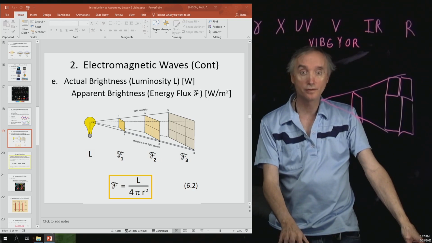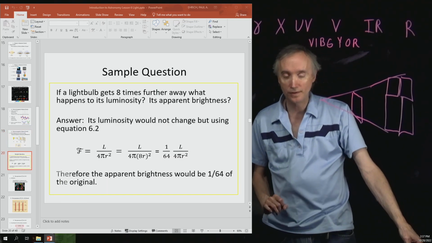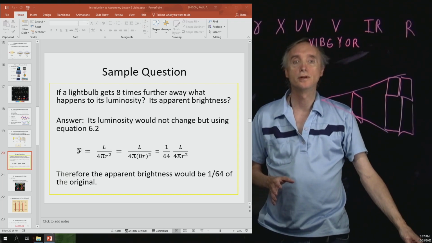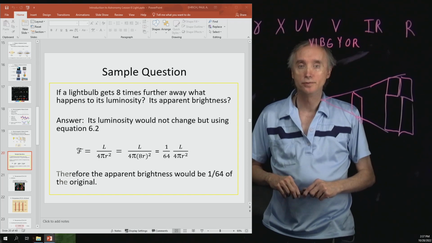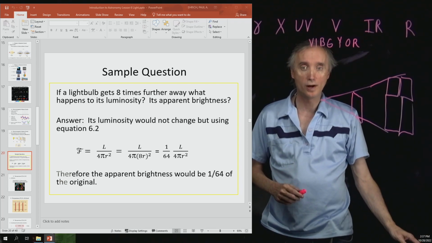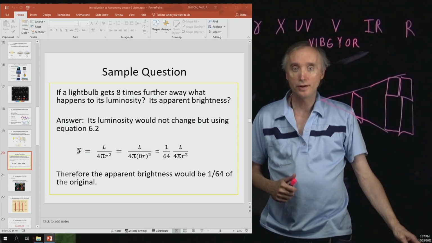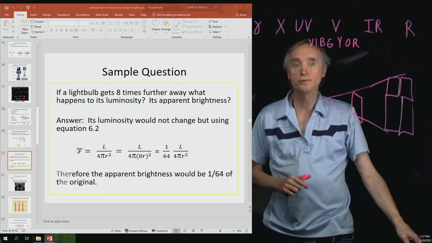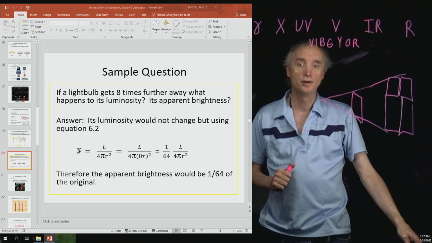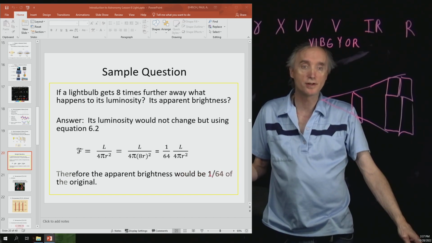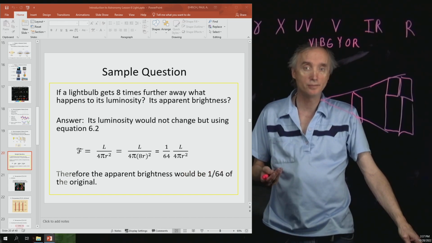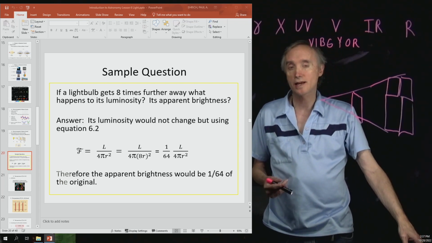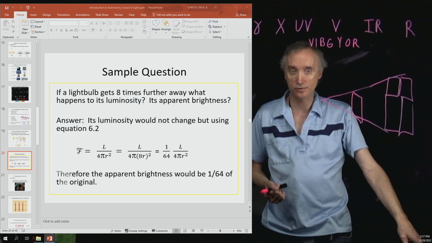So here's the kind of question that I think you should be able to answer on an exam. If a light bulb gets 8 times further away from you, what happens to its luminosity and what happens to its apparent brightness? Well, first, the luminosity doesn't change. It's the same light bulb. So that part's easy. The next thing is, how does the apparent brightness change?